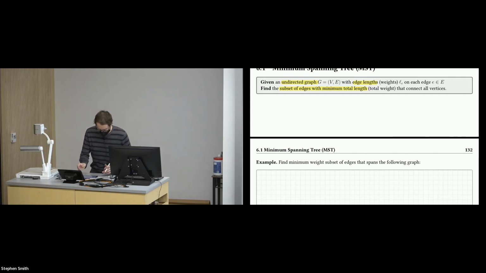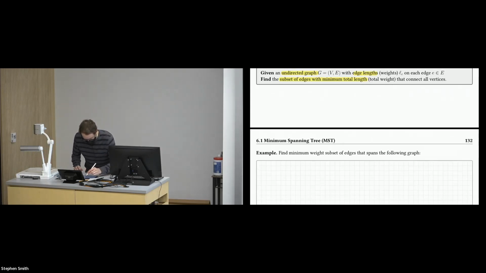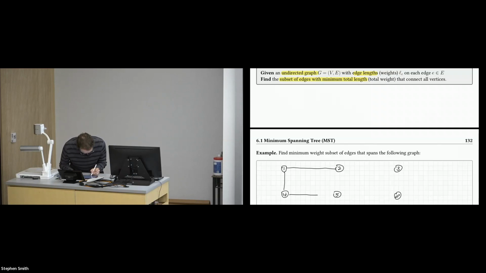I'm going to draw some vertices and some edges. And it's just a useful example because it shows some of the issues that come up. So it's got 6 vertices: 1, 2, 3, 4, 5, 6. And undirected edges, right? So now there's edges like this.